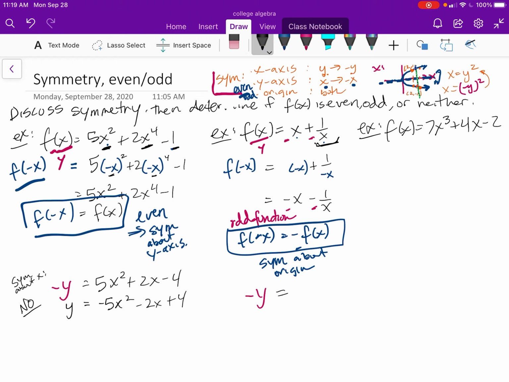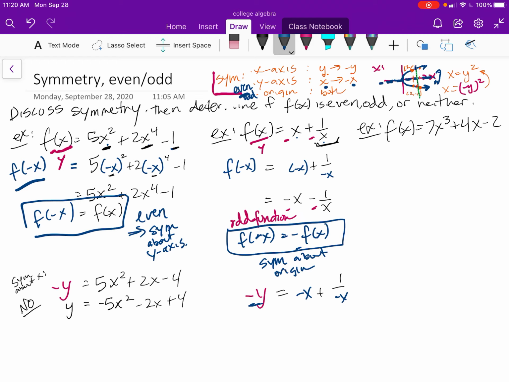So equals, well, we had negative x, and then again we had divide by negative x, right? So plus 1 over negative x. Now, is this the same as the original? At first it doesn't really look like it, but if you multiply everything by negative 1, I want to solve for y.